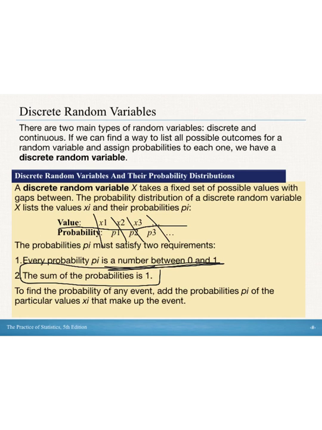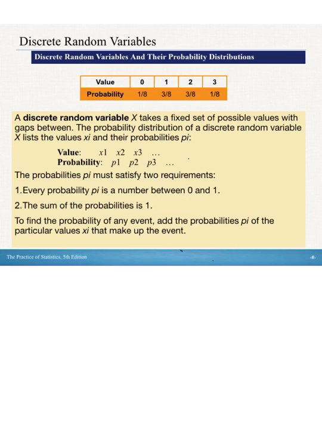So unlike all the complicated stuff that we did in the previous chapter, once you have your probability distribution, like this table, this one for some reason was a little offset when I printed, all you have to do is add the probabilities of the particular values, and that will give you the probability of any event within those. Here we have the probabilities that occur when you flip 3 coins.